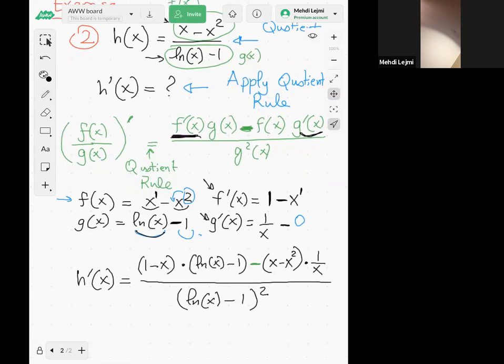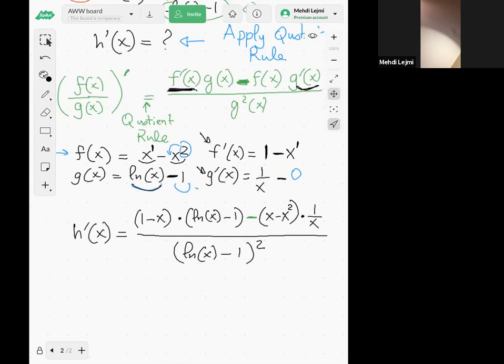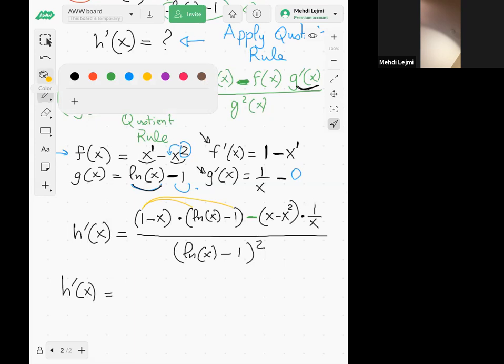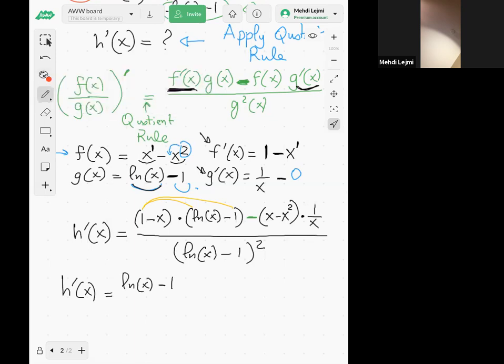So let's see. What I'm going to do is distribute and see if there is any cancellation, right? So my h prime of x is going to be, well, it's 1 times natural log, and then 1 times 1, right? So it's natural log of x minus 1 times 1, so it's minus 1. And then there's this x here times natural log, so it's minus x natural log.